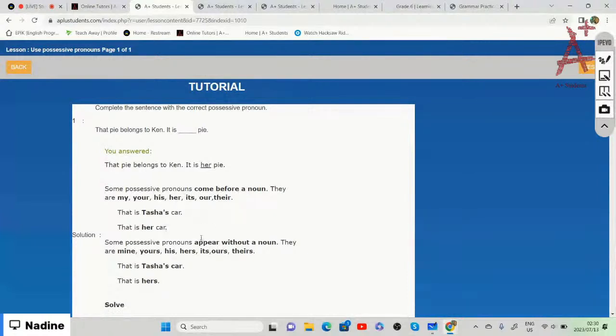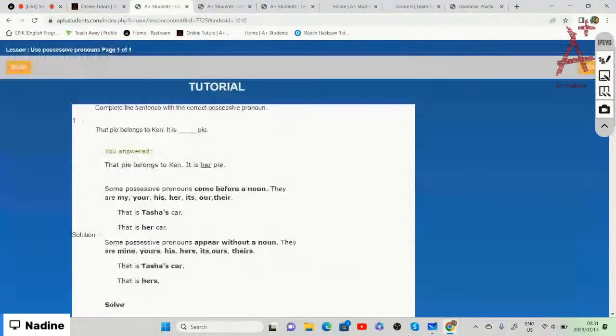Then we also have some possessive pronouns that appear without a noun. They are mine, yours, his, hers, its, ours, theirs, right? These are the possessive pronouns that appear without a noun.